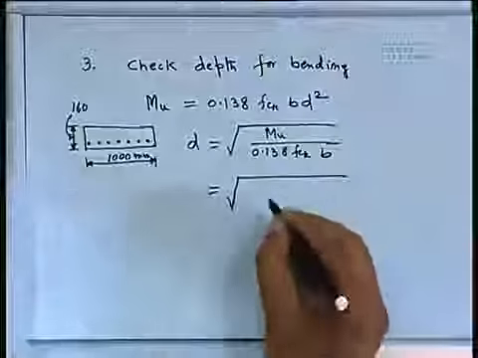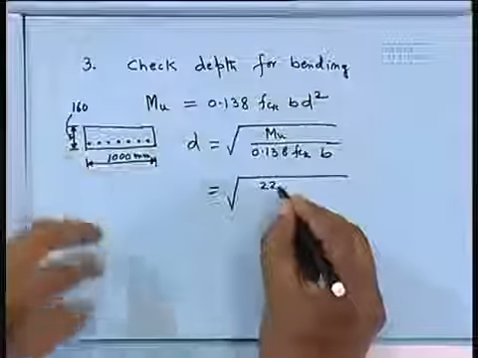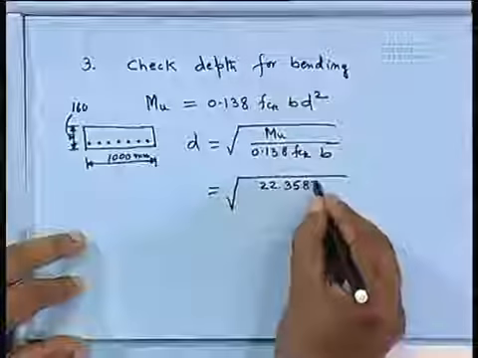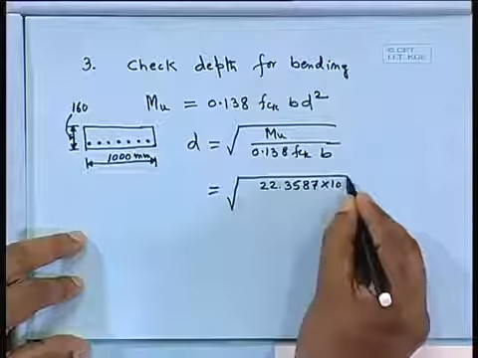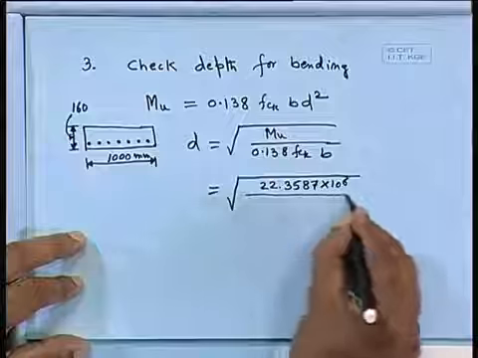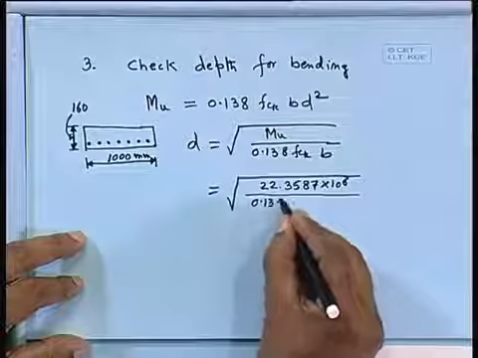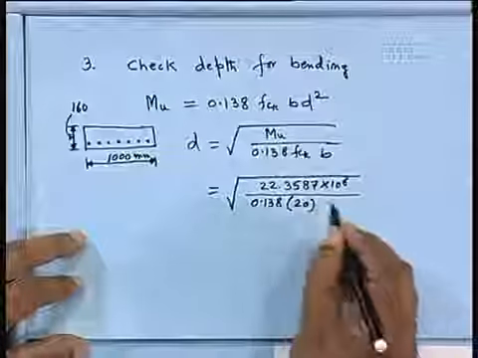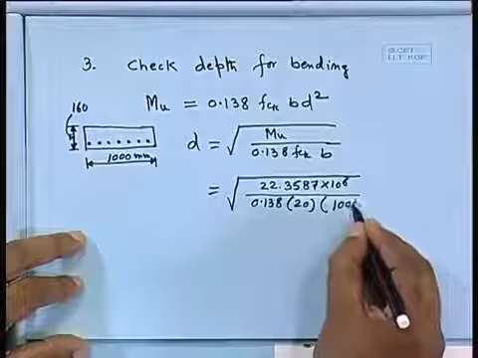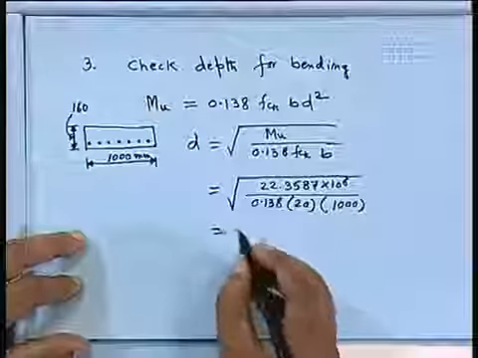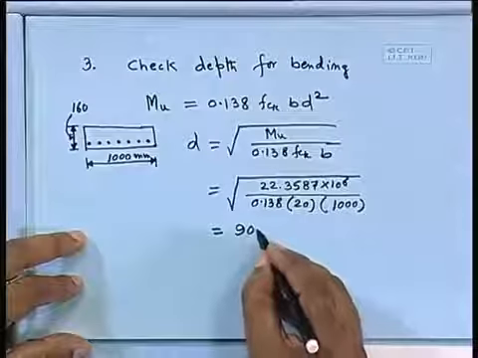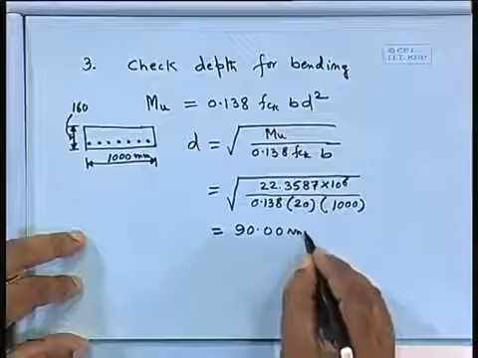So, 22.3587 into 10 to the power 6 Newton millimeter divided by 0.138 times 20 times 1000 equals 90 millimeter.